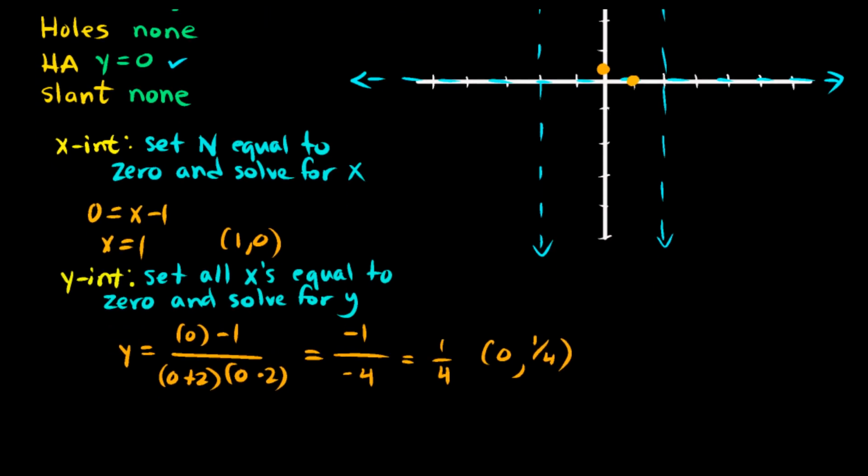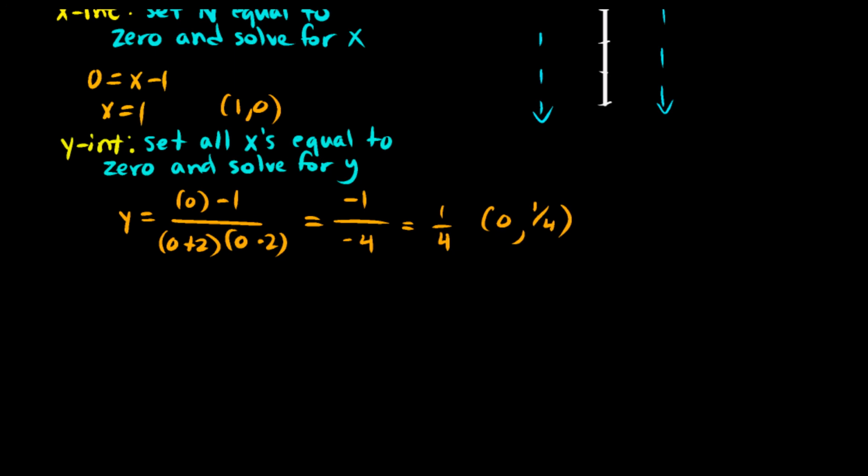Now let me just explain why the x-intercept can be solved by setting the numerator equal to 0 and solving for x. You could have set y equal to 0 and solved for x. But what happens is, if I set y to 0, I'm going to have 0 equals whatever I had in the numerator divided by whatever I had in the denominator.